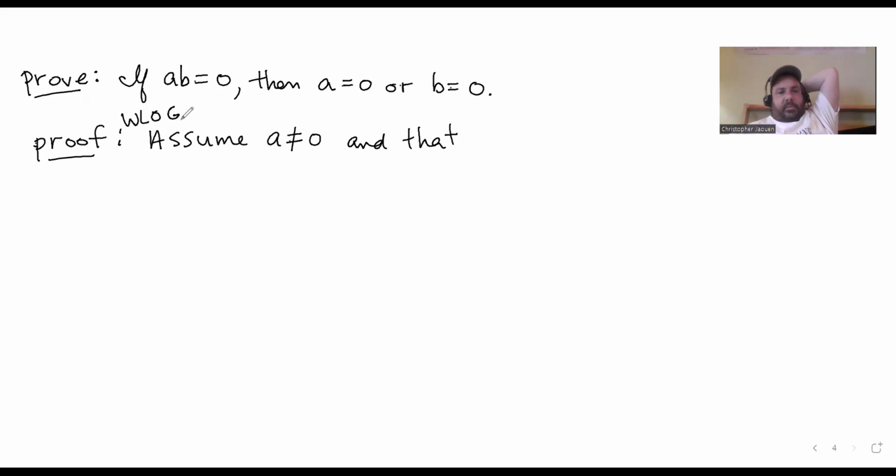So it doesn't matter if you let A be not 0 or B not be 0. Like I said, maybe at some point I'll do a video series on proof techniques. Right now I just want to go through the proofs. So without loss of generality, assume A is the one that's not 0, and that AB equals 0.